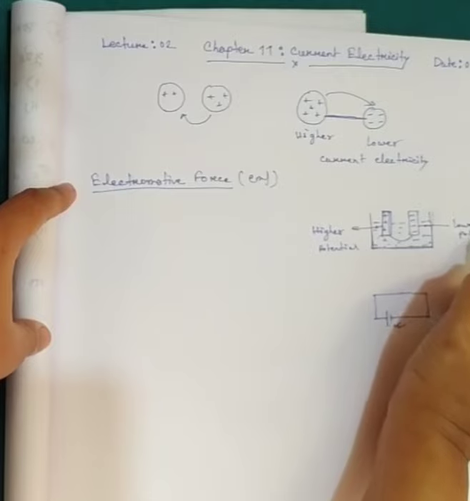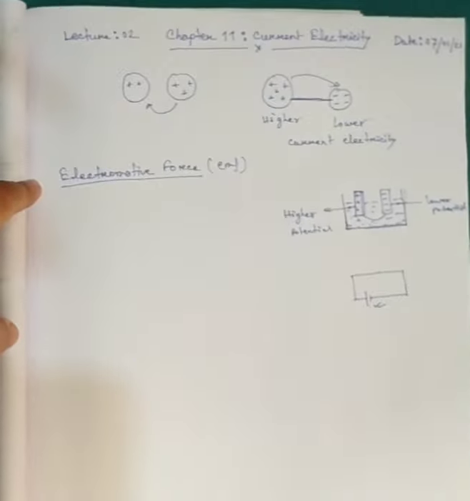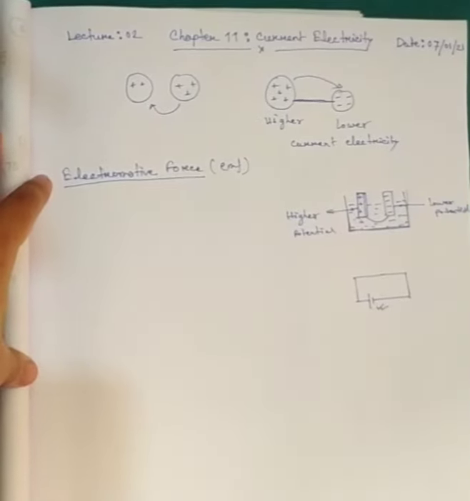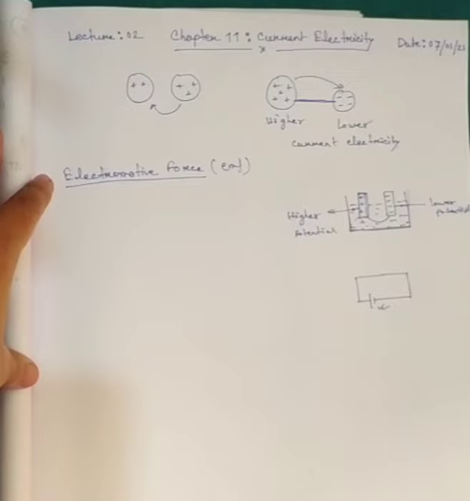If we want to talk about the direction of flow of charges, charges always flow from higher potential to lower potential, and the flow of charges is called the flow of current. If we want to define conventional current, what is current? Current means the flow of charges per unit time.